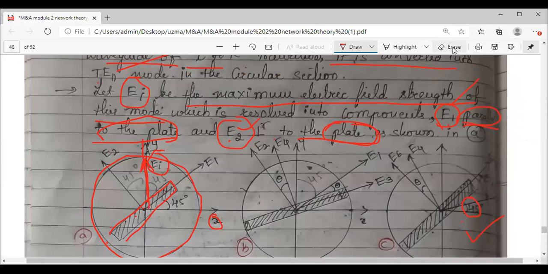But as the plate is at an angle of 45 degrees, the position of the plate is fixed now. This field is resolved into two components: one parallel to this plate, the other perpendicular to the plate. Whenever a vector is there, it is resolved into two components.